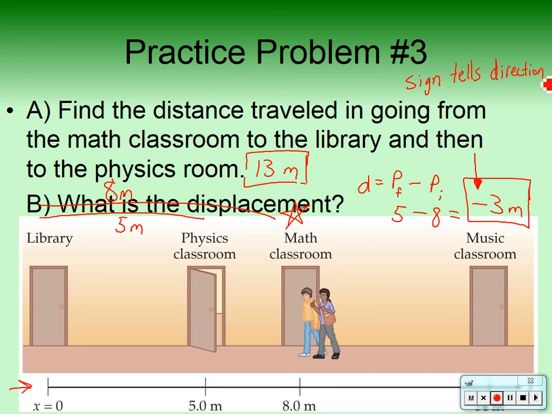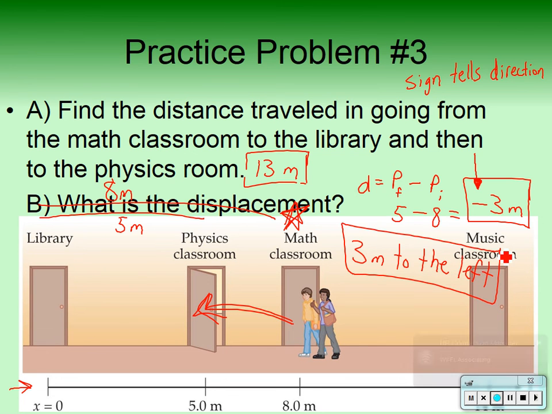To me, that negative sign just tells me that he walked which way? Right or left? He ended up left of where he started from. And we can look here. He started at the math classroom. He ended up 3 meters to the left. Could you also have just looked at it and said 3 meters left? Yeah. Could I just circle 3 meters to the left?